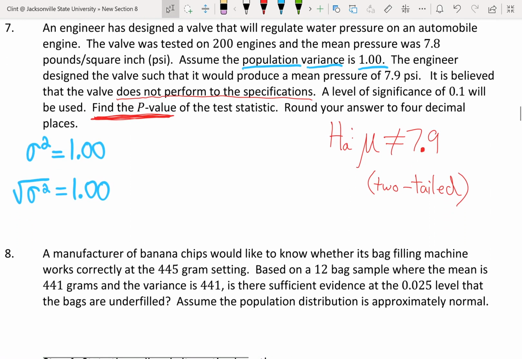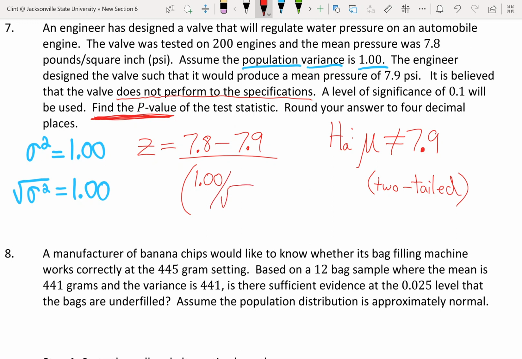So Z, let's see, the valve was tested on 200 engines and the mean pressure was 7.8, minus our number in the hypothesis, 7.9, over our standard deviation, which is 1, over the square root of the sample size, which is 200.